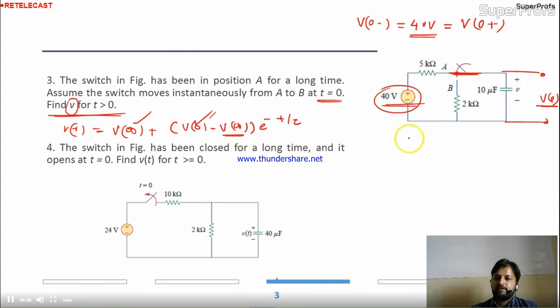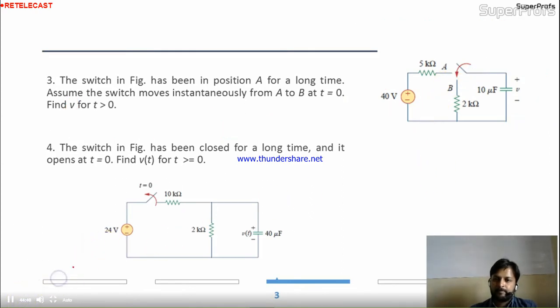Come to the V infinity. Where will we get the V infinity? In the second step, the circuit is moving to B. Now the circuit is coming here, over here. Now tell me, is there any independent voltage source in this circuit? No. So the entire energy will be delivered to this 2K by the capacitor, because the capacitor has stored 40 volt, right?